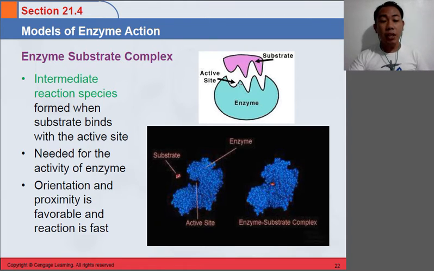The orientation and proximity are favorable and the reaction is fast. That means the proximity and the orientation of the substrate to its active site will be favorable and the reaction is fast to occur.